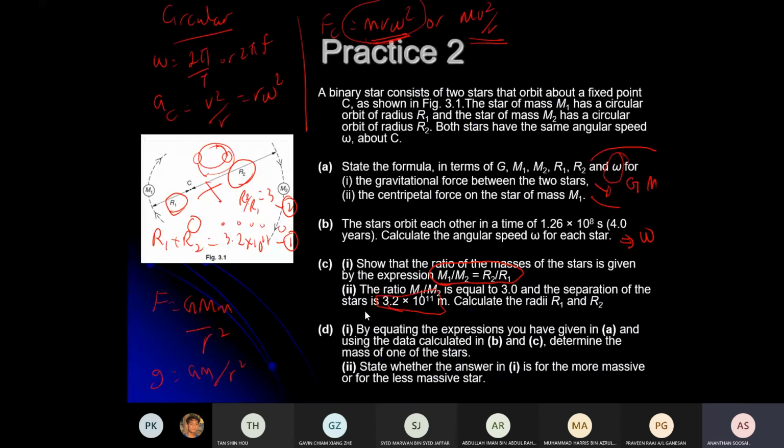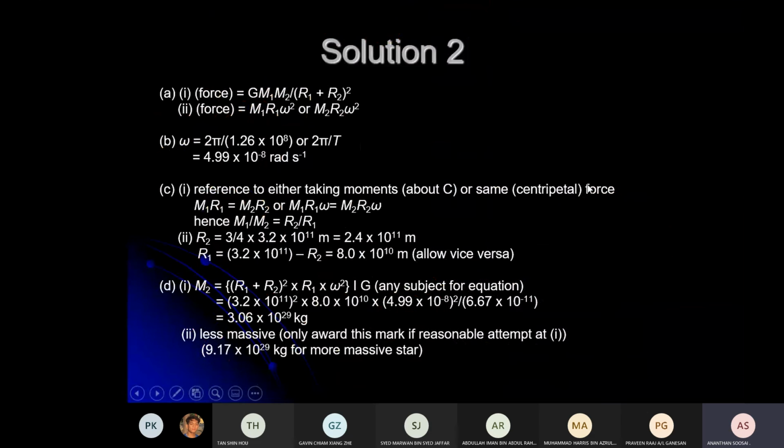Okay, so you can figure out these equations. This is like one structured question. The GM over R squared, this formula appears from where? FC equals FG.